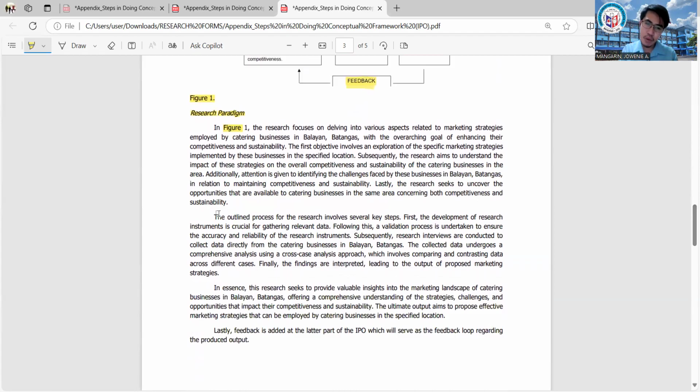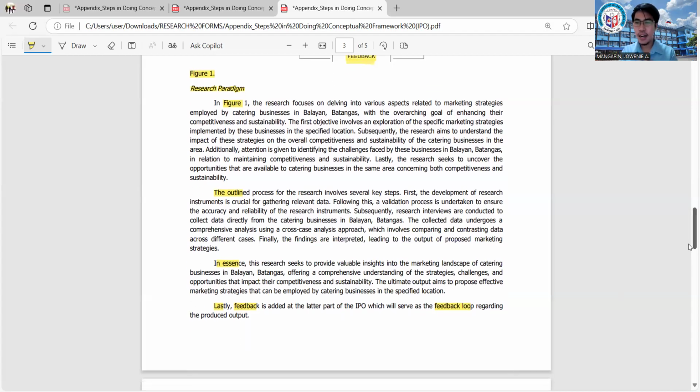The second paragraph talks about the procedures or the processes that this research paper or that the researchers will use on the study. The third paragraph is all about the outcomes, no? And the last paragraph is all about the feedback, no? Or yung tinatawag natin na feedback loop for the purpose of improving the proposed marketing strategy. So that is sample number 1 ng IPO model.